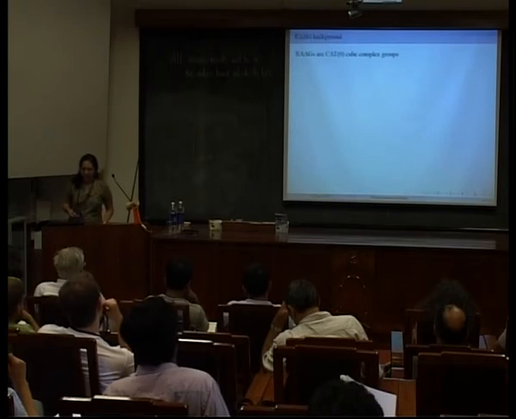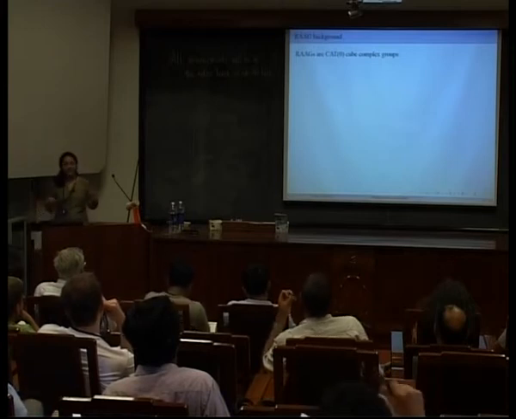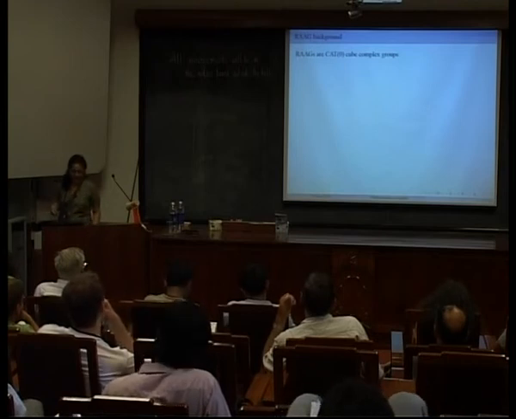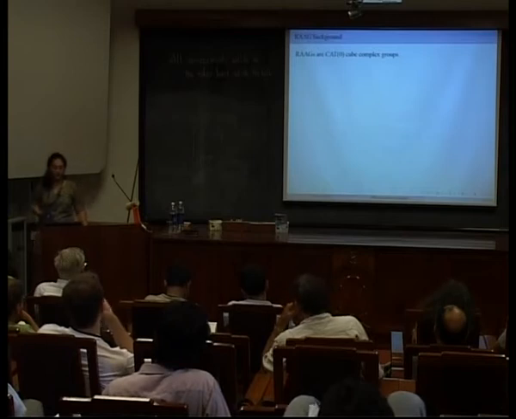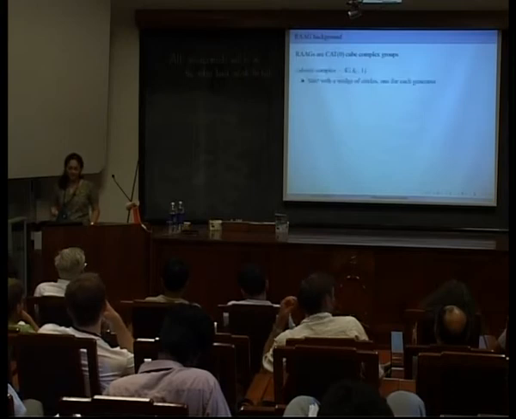Okay, and the nice thing about right-angled Artin groups is that they're CAT(0) cube complex groups. And so there's this nice CAT(0) cube complex on which these groups act geometrically. And so since I'm going to spend some time talking about results on right-angled Artin groups, let me define this complex as it'll come up in the proofs.